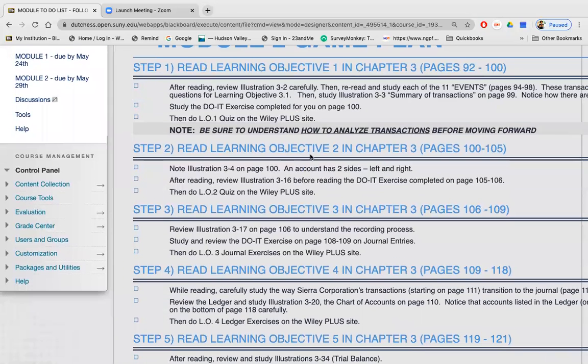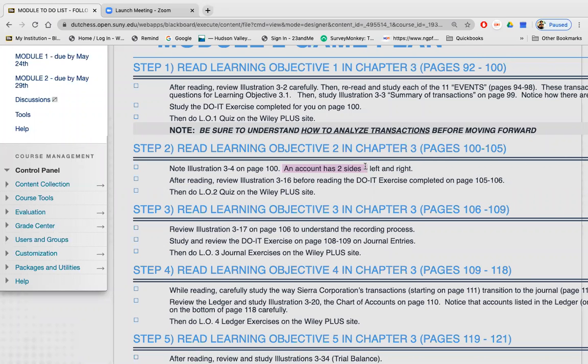Learning objective 2 is also a bit of analysis, but in this case is simply the analysis of an account. Every account, and we've gone over several in the first 2 chapters, such as the cash account or the accounts payable account or the service revenue account or the common stock account.